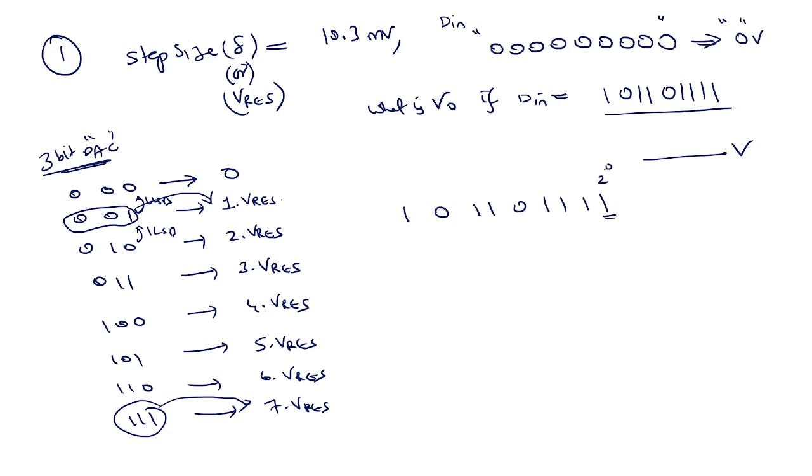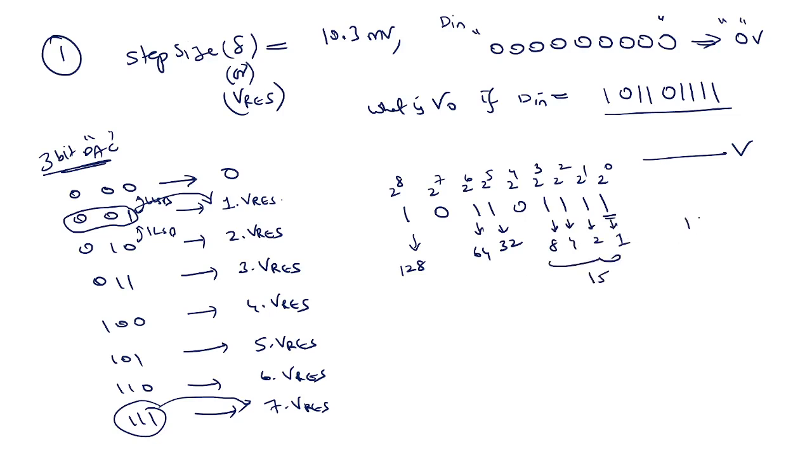This is 2 power 0 plus 2 power 1, 2 power 2, 2 power 3, 2 power 4, 2 power 5, 2 power 6, 2 power 7, 2 power 8. 2 power 8 is 256, 64, 32, 15.